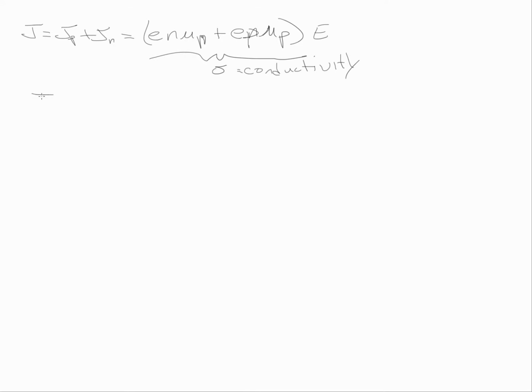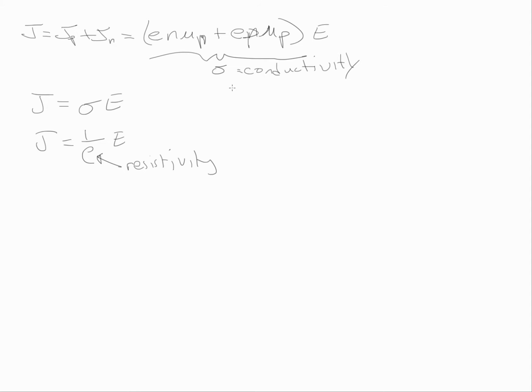And then you could say J is equal to sigma times the E. And then also you could say rho is equal to 1 over sigma, where this is called the resistivity.